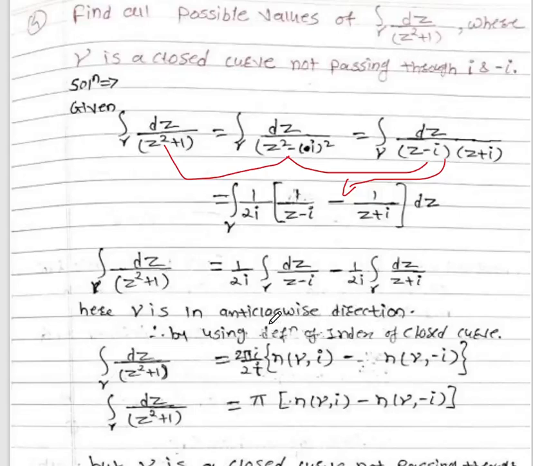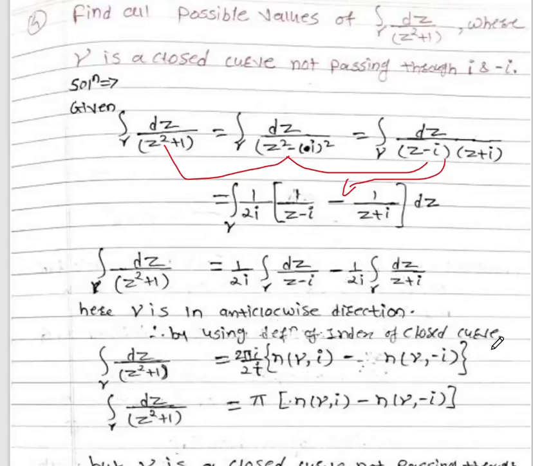But here the direction of gamma is not given, so we can consider gamma to be in the anticlockwise direction. Therefore, by using the definition of index of a closed curve, here gamma is a closed curve not passing through i and minus i.